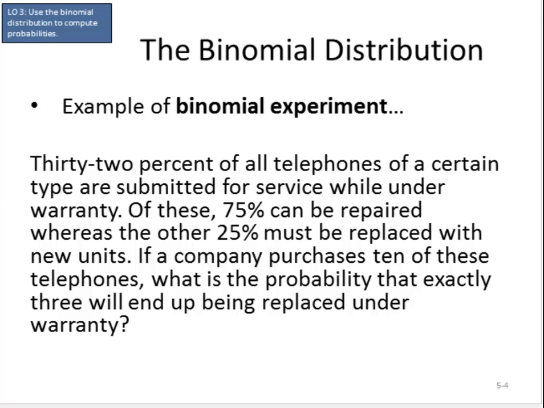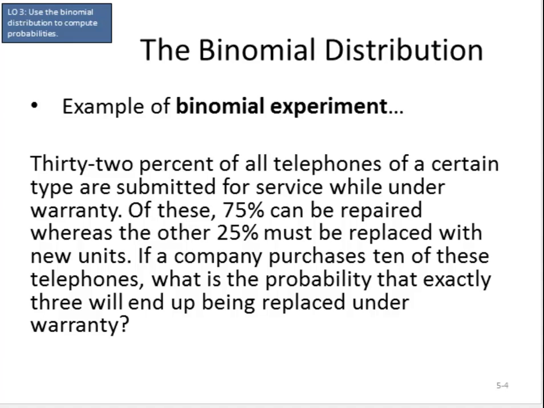So you would look at this and think of binomial distribution because you have 10 trials. Those are independent trials. And then you have a success or a failure. Success meaning, in this case, it must be replaced with a new unit. Failure would be it can be repaired.